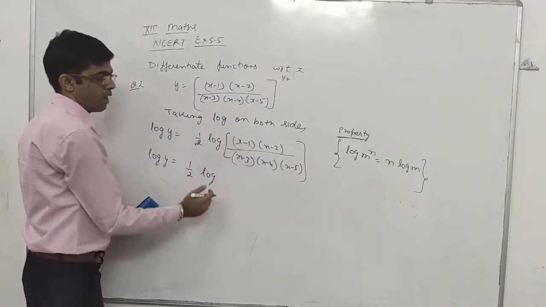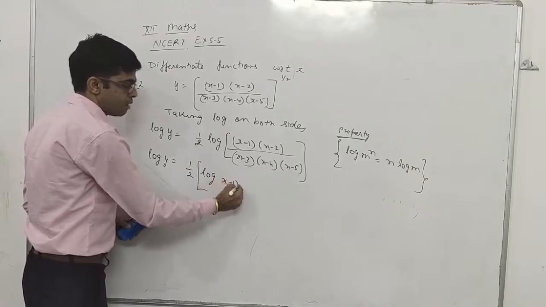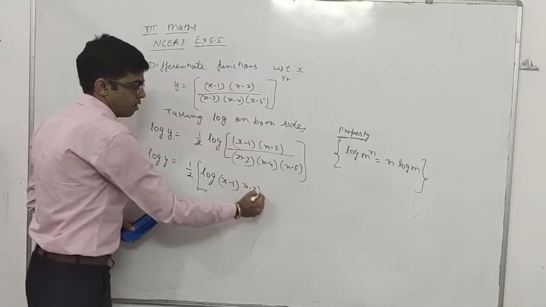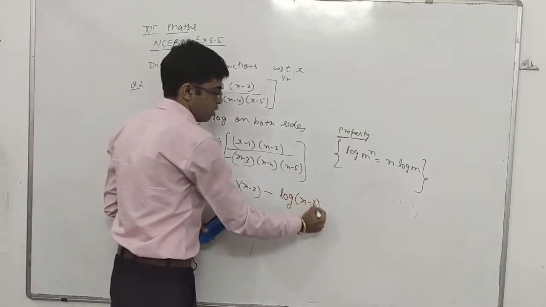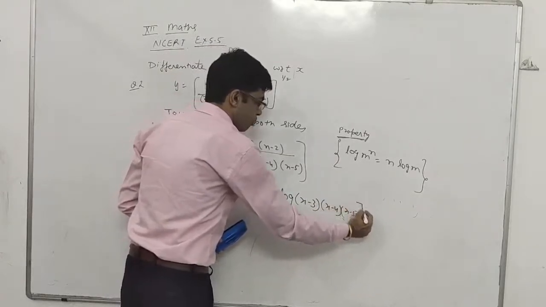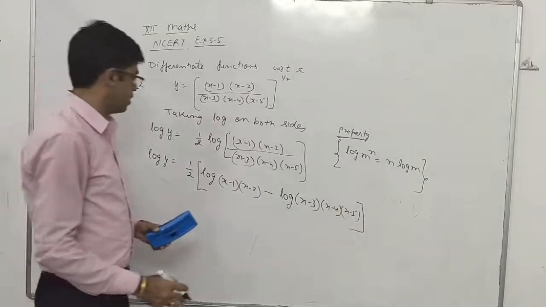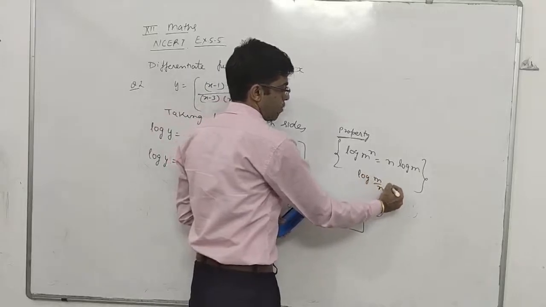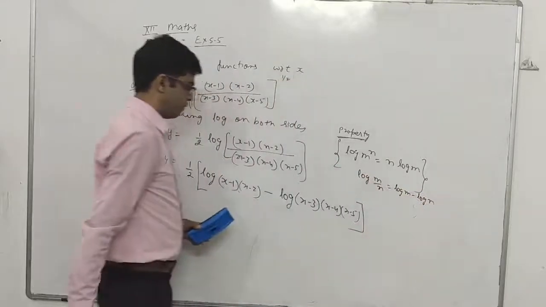Log m upon n is log m minus log n. With the use of properties, this function becomes very easy to differentiate. The property I am using here is log m upon n equals log m minus log n.